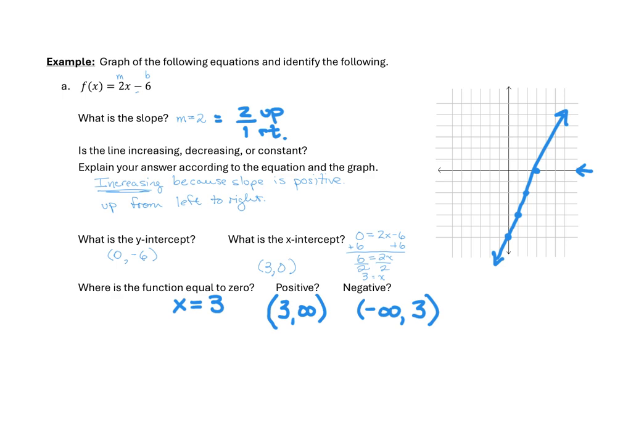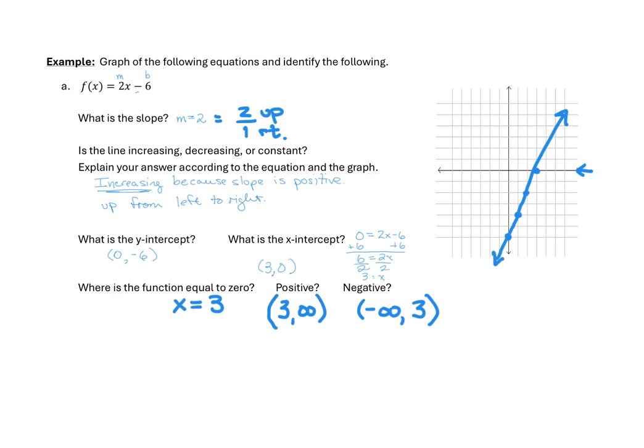Now, if you notice, for one of these we have one answer, and for the other ones we have interval notation. Well, why is that? When you're equal to 0, that is just one value. On the other hand, lots of numbers are positive. Everything above the x-axis is positive, and so that's going to have to be more values.